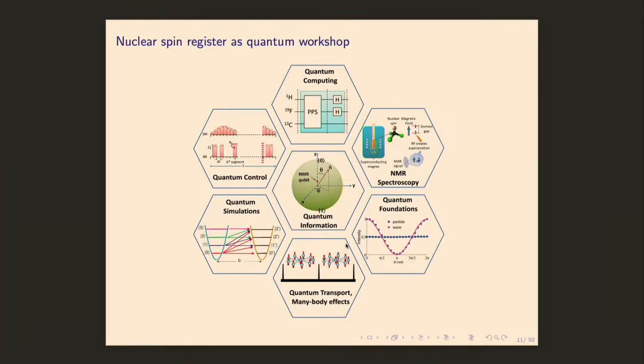We can study quantum control, use it for various quantum simulations, and simulate many condensed matter phenomena, for example, time crystals. We can study quantum foundations. For example, we studied Wheeler's delayed choice experiment. And we can of course contribute to NMR spectroscopy itself.